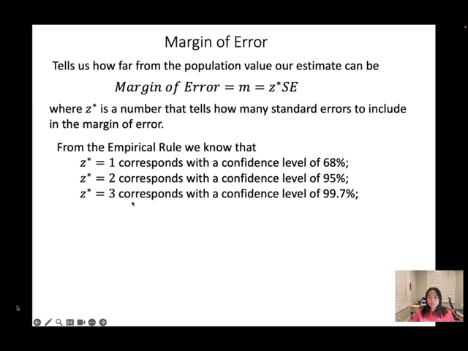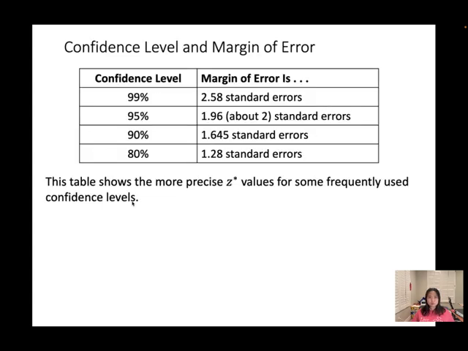So you may ask, how about if I want to construct a 90% confidence interval or a 91% confidence interval? Then we will have this table. Some books will teach you how to calculate the z star, but for this book, they will be given here. So on the exam, I will give you this table, so you could check it out.